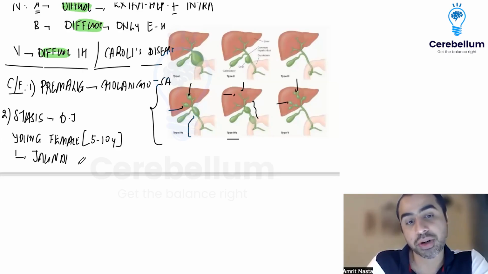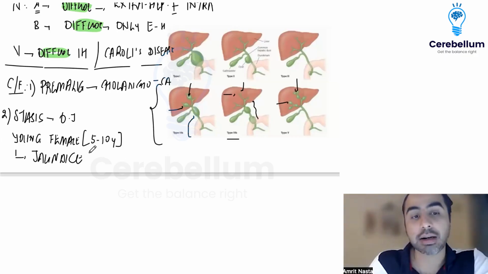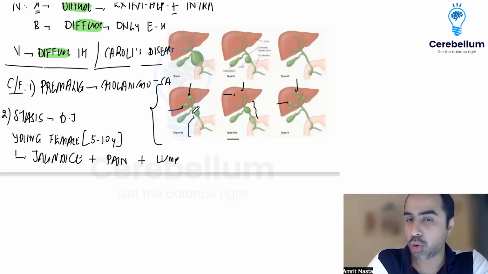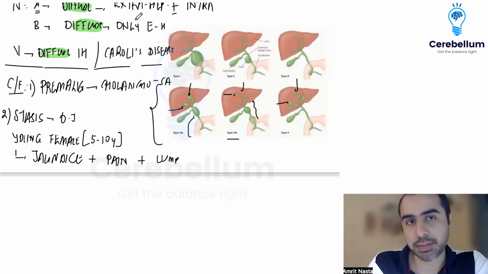Which jaundice? Obstructive jaundice. There will be jaundice, pruritus, dark urine, clay-colored stools. There may be pain. There may be a lump. Lump is usually the cyst. If the cyst is very big, you may be able to feel it sometimes. So this is the typical presentation of choledochal cyst.